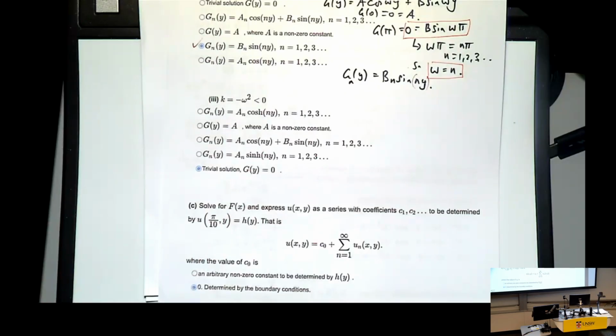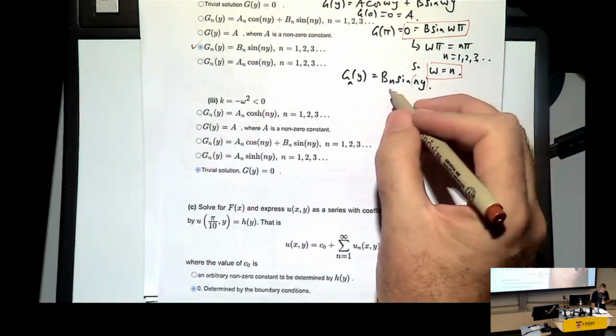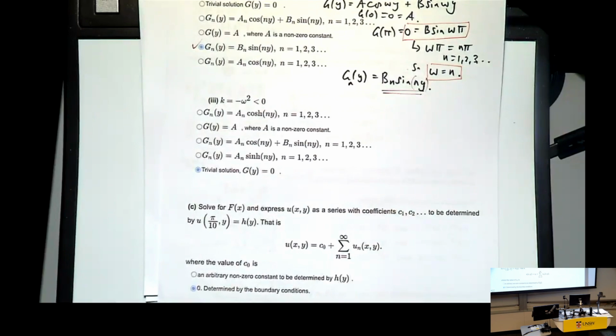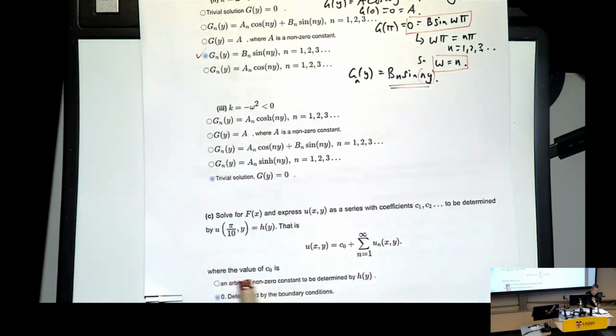Okay, so we've got a sine series, or a sequence of sines here. Solve for f of x, so we've got g of y, solve for f of x and express this as a series that is like that. C naught is going to be 0 determined by the boundary conditions here, okay?